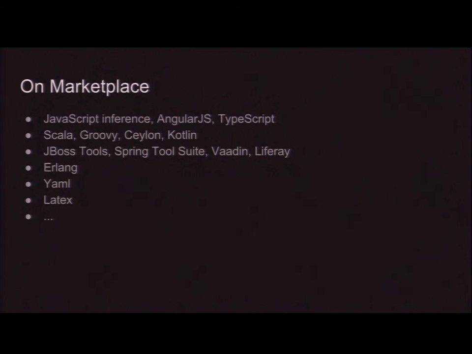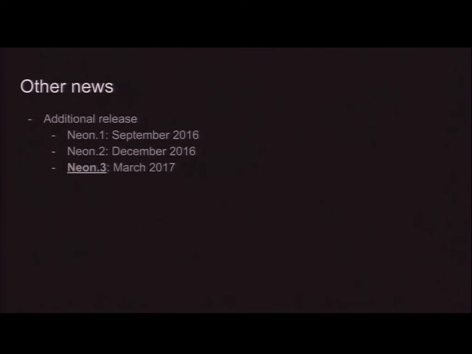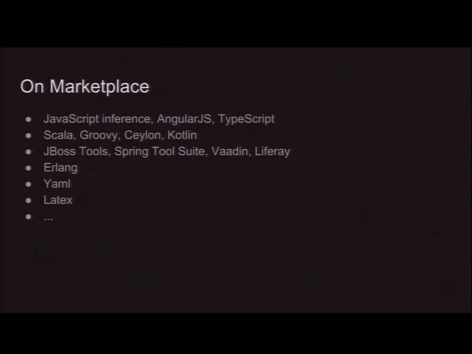I mean, all projects are good, but these are popular and business critical projects that will deliver or already have delivered good features following the Neon release. So don't just look at the Eclipse IDE. The Eclipse IDE is the base, and go have a look at the other projects on the marketplace that will also deliver good things.